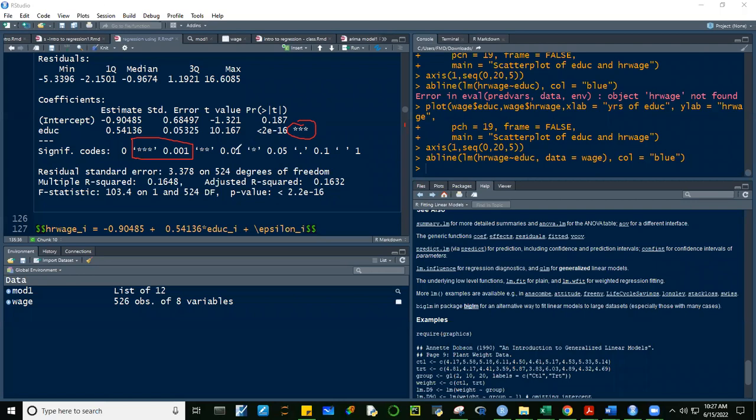If it's less than 0.01, then makikita natin 2 stars. If it's less than 0.05, then ang makikita natin is 1 star. If it's just a dot, ibig sabihin yan, significant at the 10% level. It's less than 0.1.